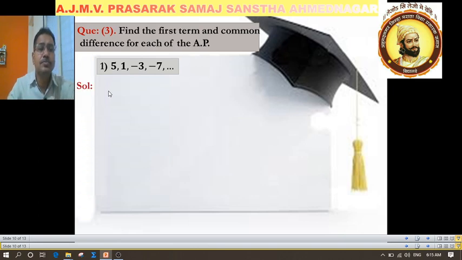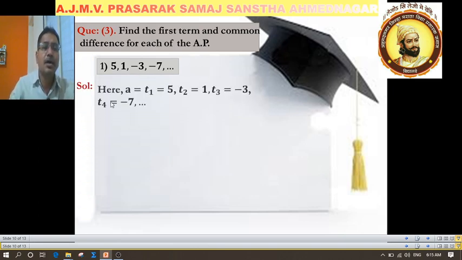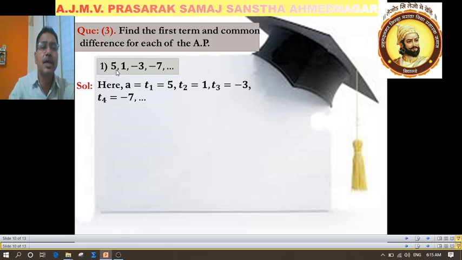So solution: here, first term a is equal to t1 is equal to 5, second term t2 is equal to 1, third term t3 is equal to minus 3, fourth term t4 is equal to minus 7, and so on. Now we have to find the common difference.